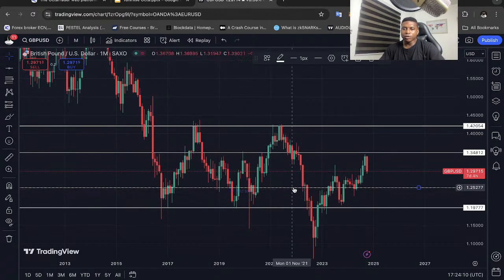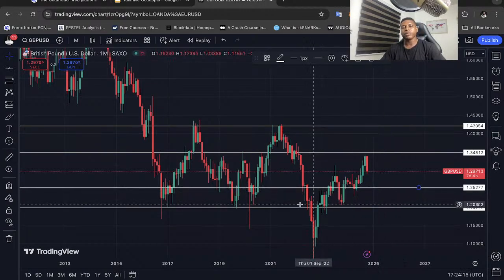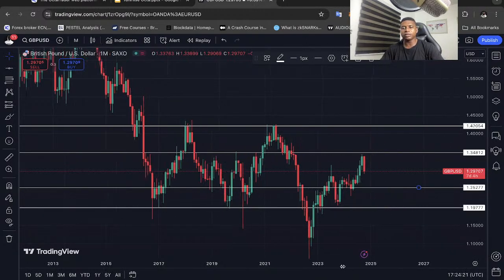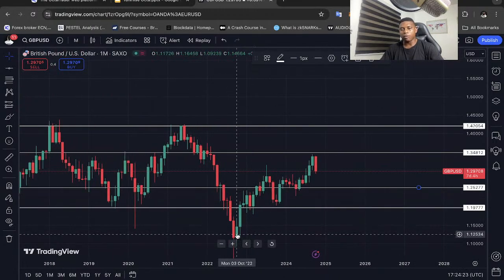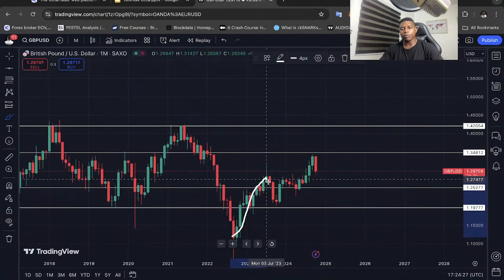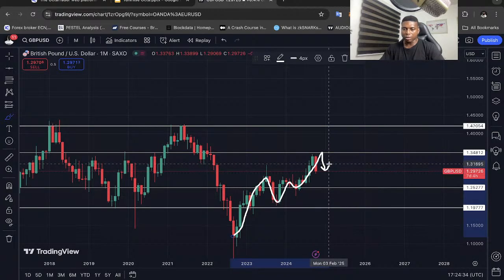And this level here is a level of support. All right, so we can see that price went up, came down, went up like this, and now there is a force pushing price downwards.